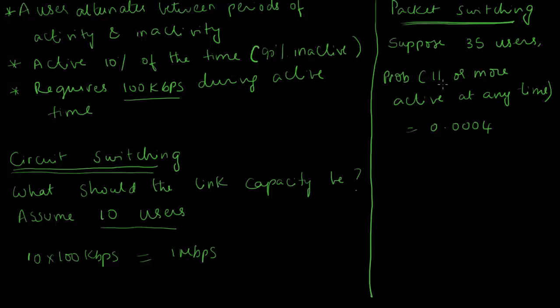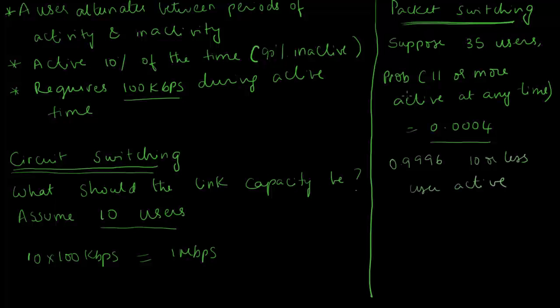Now the probability that 11 or more are active at any time, this can be worked out. I will leave it as an exercise for you, but this turns out to be 0.0004. This implies that with probability 0.9996 or 99.96%, you have only 10 or fewer users active.